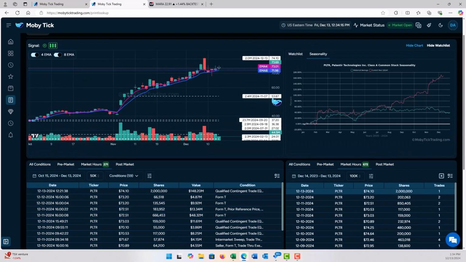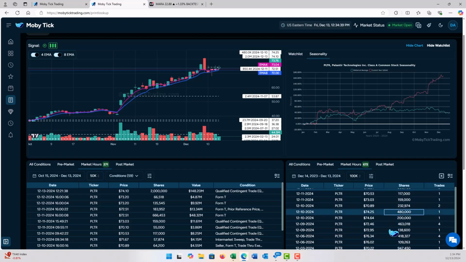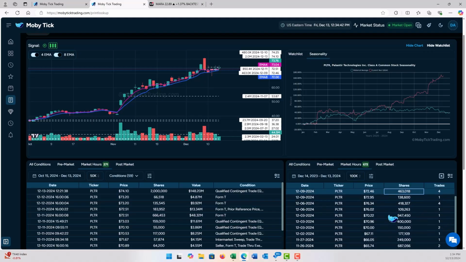So we can see here on November 7th there was a 2.4 million, and we took off there, so 53.87. Now when we're looking up here at 74.10, maybe they're taking profit, maybe they're not, but let's go ahead and add some additional trades here. So we've got an 850,000 here, a 480,000, and then notice how they're being added to the chart on their own, right?